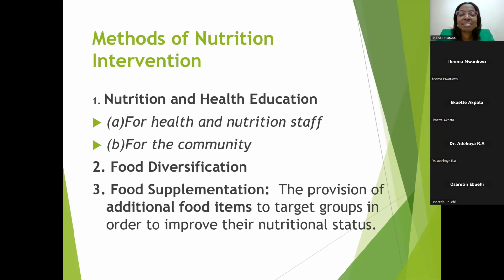So you notice that it's only the things that people love to consume frequently that people will also plant. And the cycle keeps going on and on like that. So it's important that community nutrition intervention involves food diversification. New foods must be introduced to people to plant and to eat.